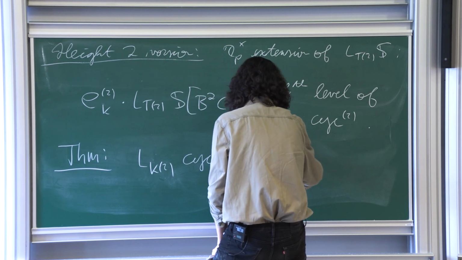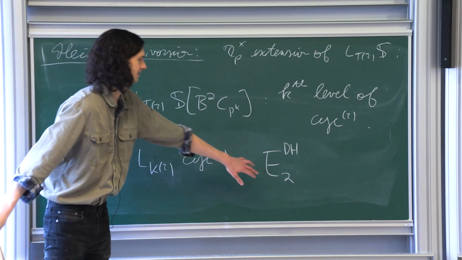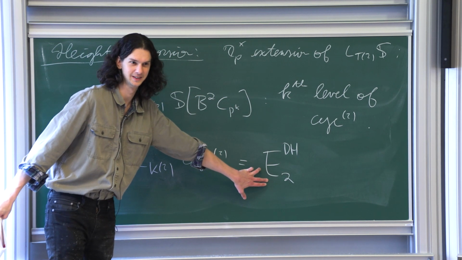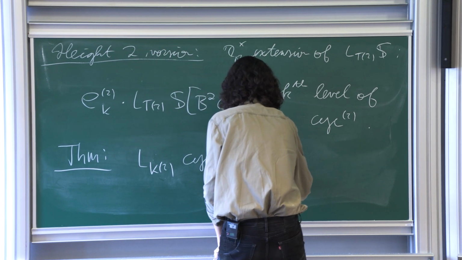Well, it can't be the full Devinatz-Hopkins tower at height 2, because that's not a Z_p cross extension. That's an extension which is Galois with a much bigger Galois group. But it's a sub-extension.